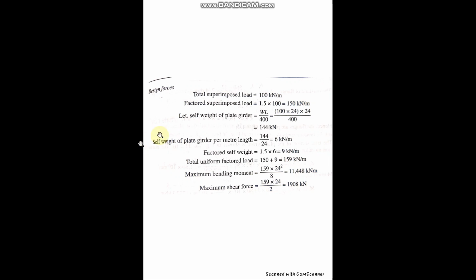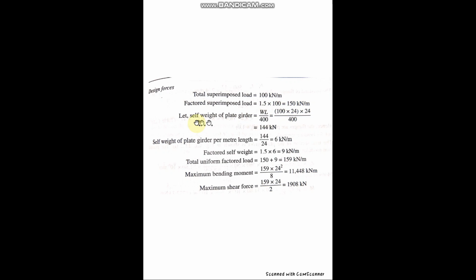Your superimposed load is given as 100 kilonewton per meter in the problem. So you simply multiply it with 1.5 to get the factored superimposed load. One assumption is taken here, it's a thumb rule. Self weight of the plate girder is taken in terms of the superimposed load. It's a thumb rule to use WL by 400, where W is the service load that is coming here, that is 100 kilonewton per meter.